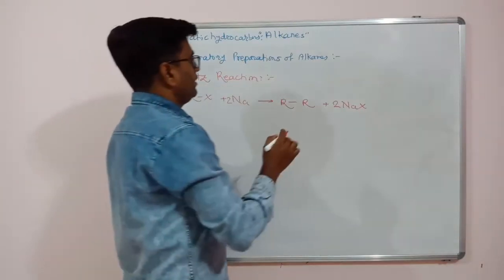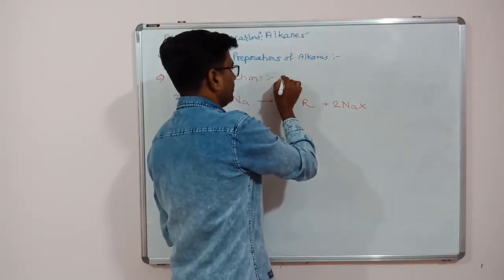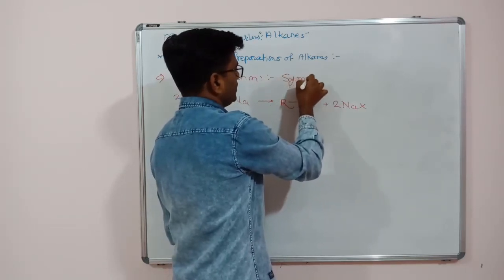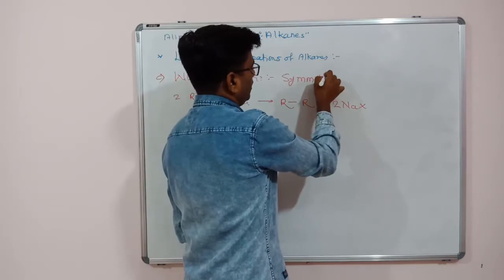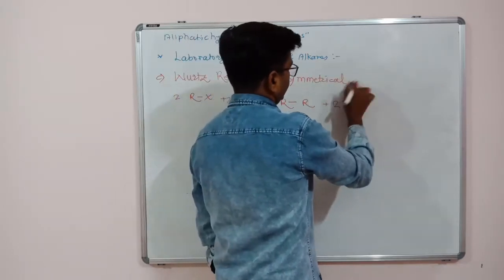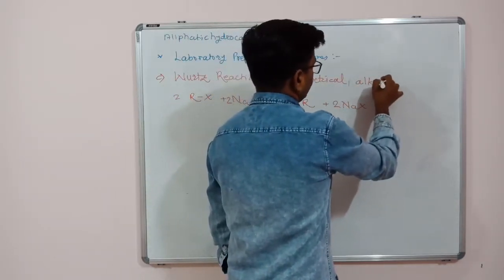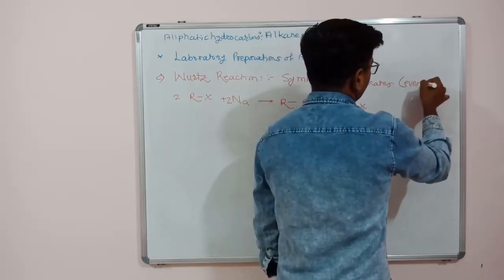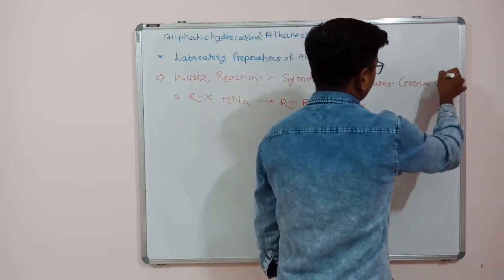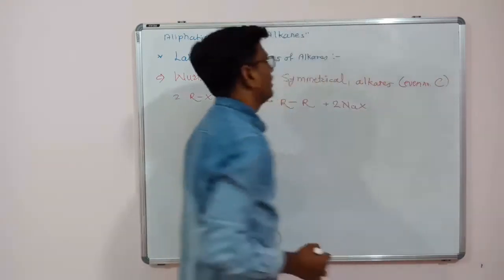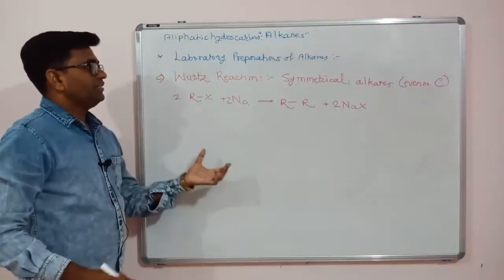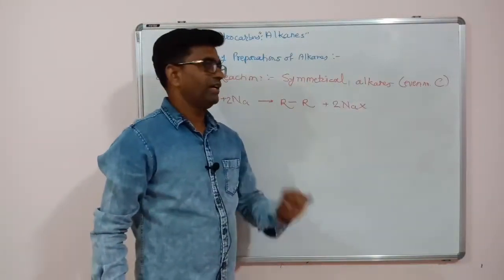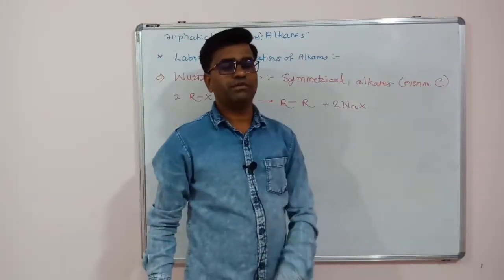So the Wurtz reaction is a very good method for the preparation of symmetrical alkanes with an even number of carbons.